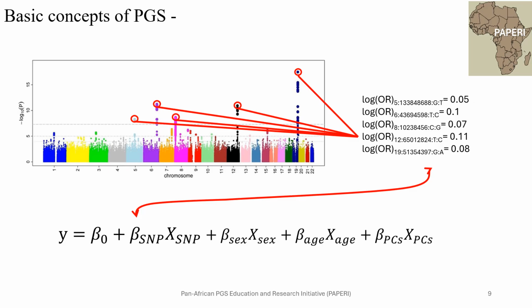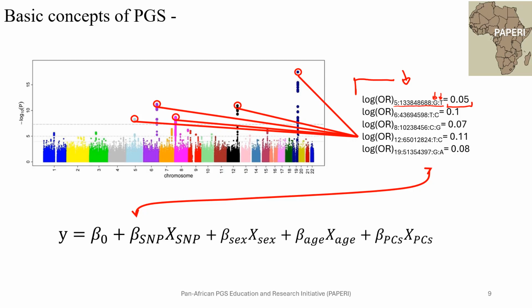And over here on the right-hand side, with this notation, we're saying what is the log odds ratio for the genetic variation at this position. So this is a chromosome and a position. And then we have our alternate allele and our reference allele there. And then we have our beta value here, which is 0.05.